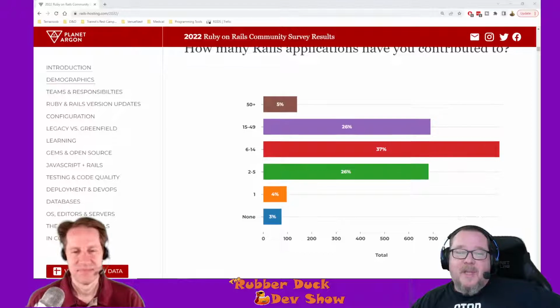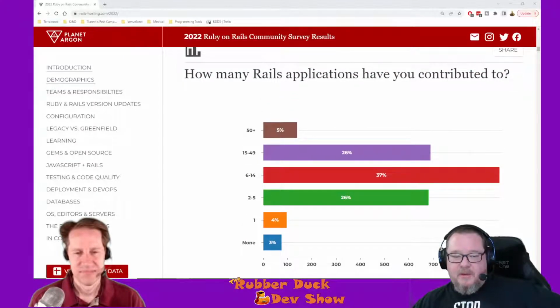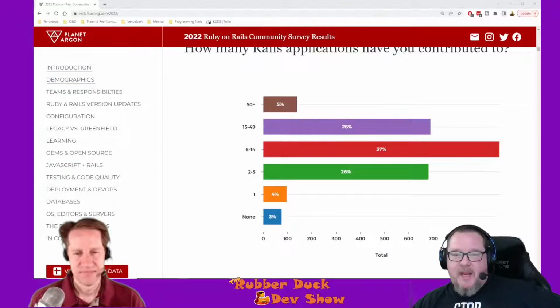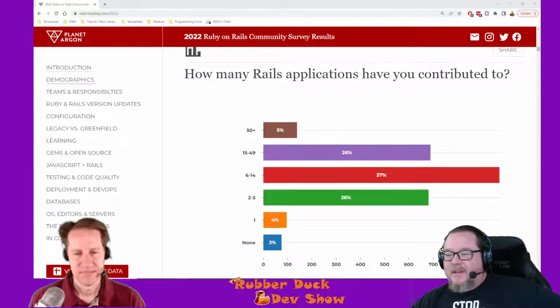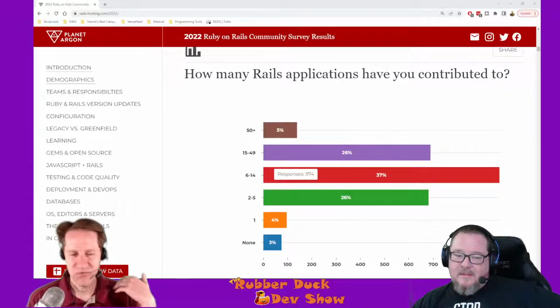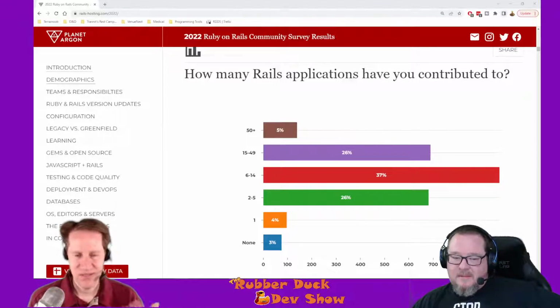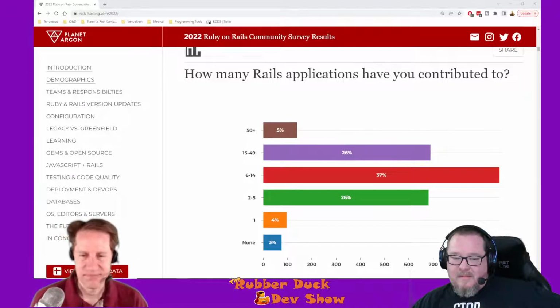How many Rails applications have you contributed to? Not entirely sure what they mean by applications. I think separate applications. If I've worked on 20 different Rails apps in my consulting, then I'm in the 20.